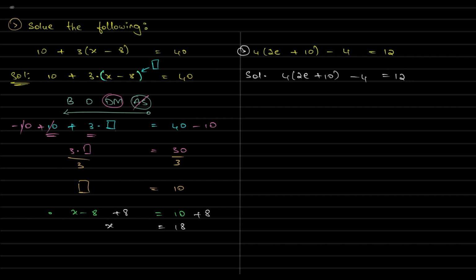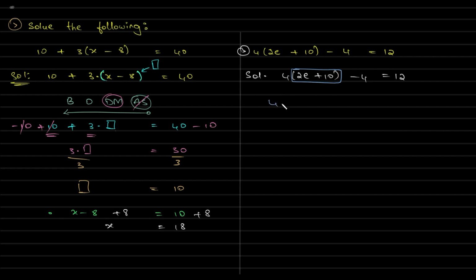Okay, so here we are looking at 4 times a bracket minus 4 is equal to 12. Start looking at it from this perspective. You just think of this as a box, and things will fall in place.